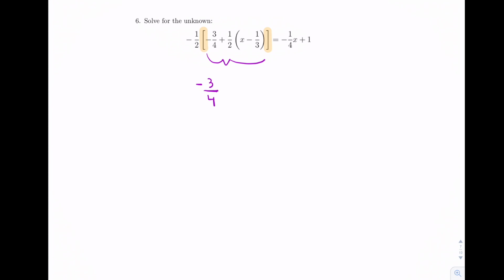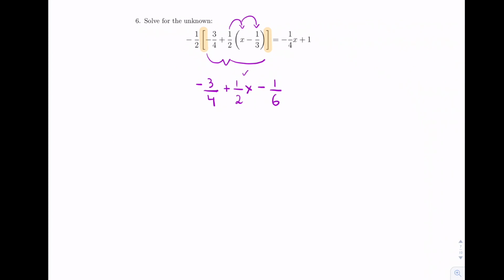So I will bring inside, so the half is going to give me the following. A half times x, that's right here, and then a half times 1/3, and notice that you have the subtraction, so that stays.